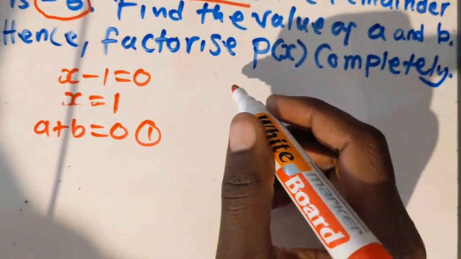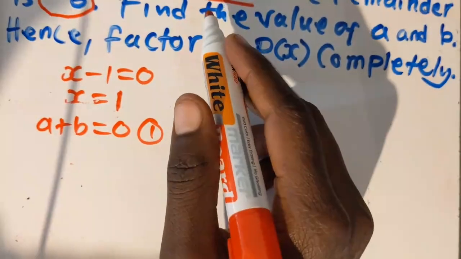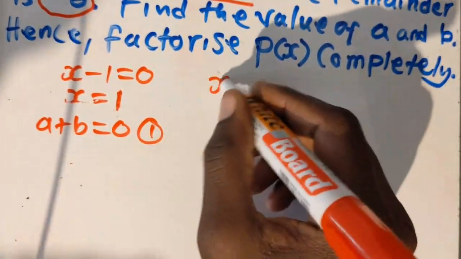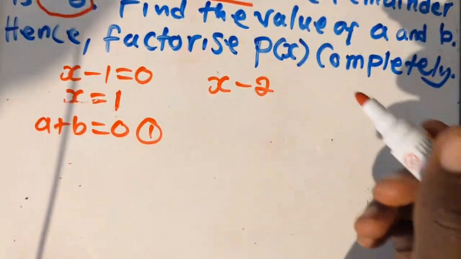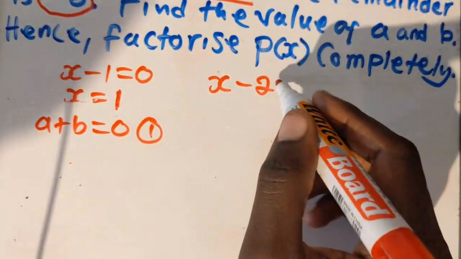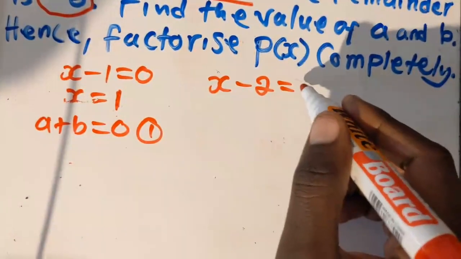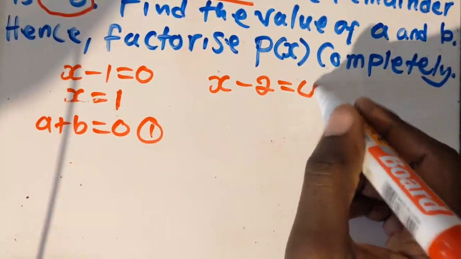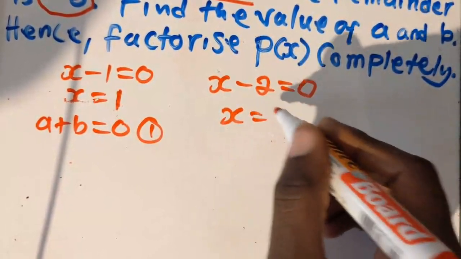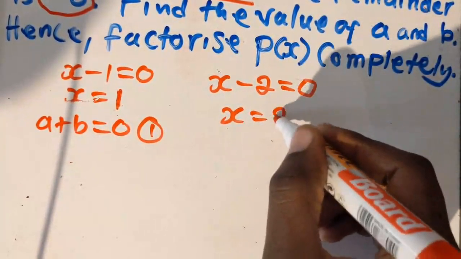So here we have x minus 2, and what we're trying to find is the value of c. So we'll say x minus 2 equals 0, then x is equal to positive 2.